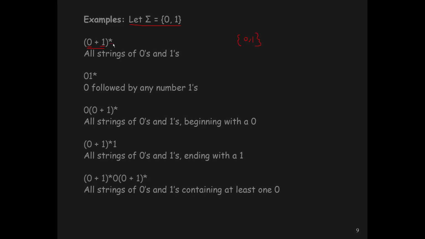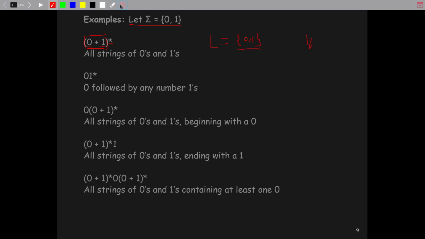Now, the star here. First you have the grouping, obviously, and the star applies to the entire group, 0 plus 1. The star is the union of all possible powers of this language 0, 1. So let's say this is L, then L0 would be just the empty string.